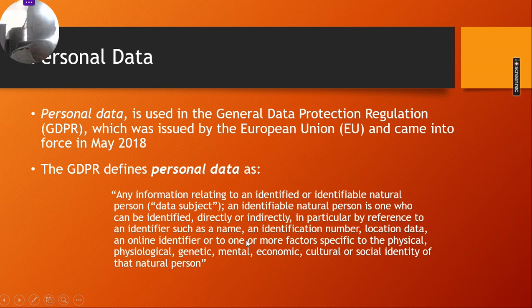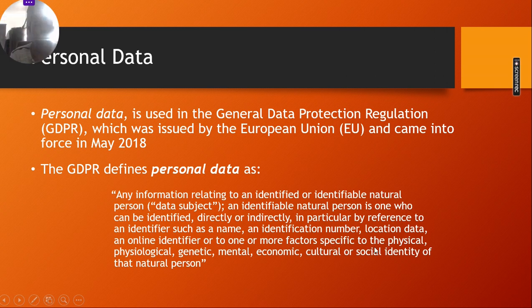In particular, by reference to an identifier, such as the name, the social security number, an identification number like your driving license number, your passport number, your login PIN, and so on and so forth.